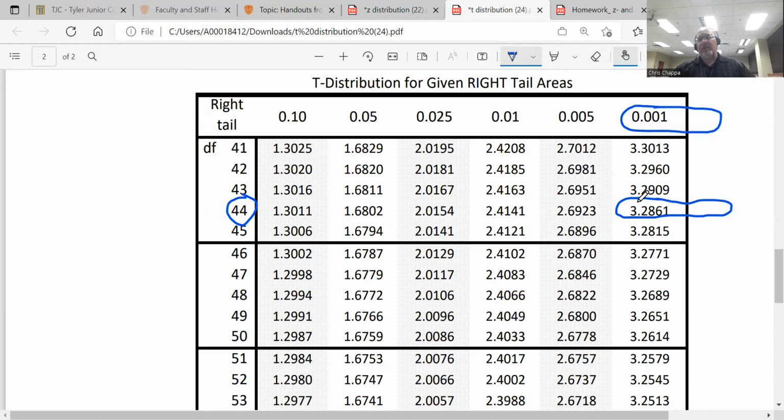So what does that mean about the area? Well, the areas on the top are getting smaller as we move from left to right. And the rightmost column's area is 0.001. If we went further to the right of that, we would get an even smaller area.